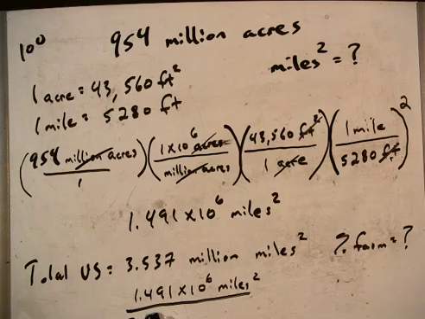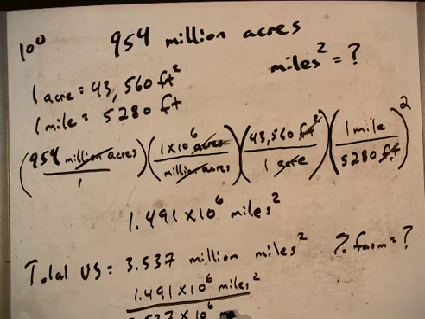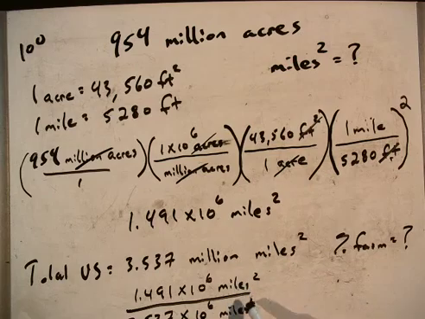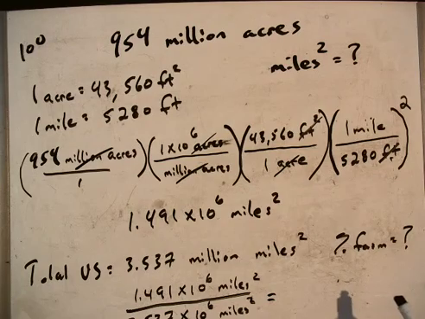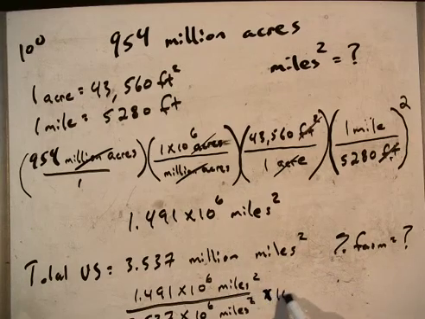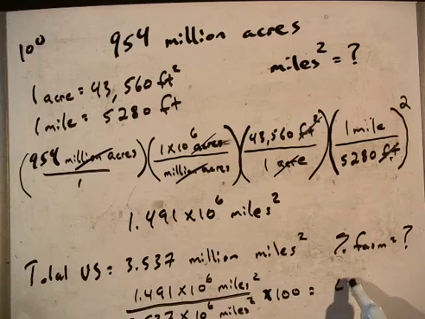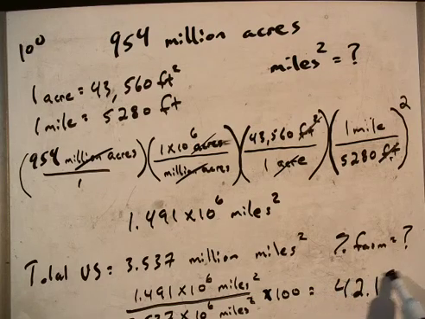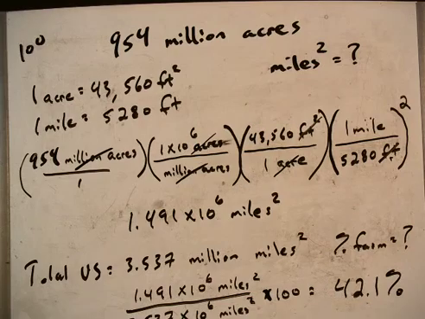We have 3.537 million, so that would be 3.537 times 10 to the 6th miles squared for the denominator, the total U.S. land, and then we want to multiply that by 100 to get it into a percentage, and the final answer is 42.1% of the U.S. land is actually farmland.